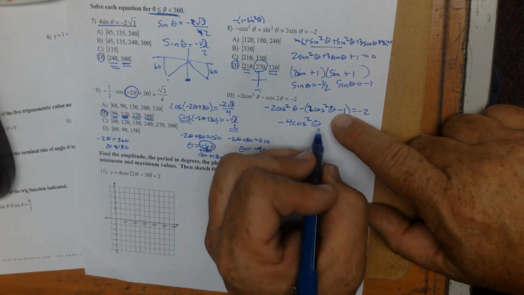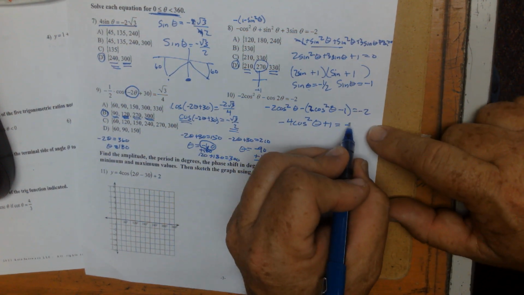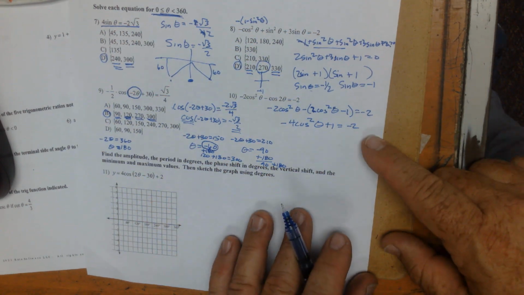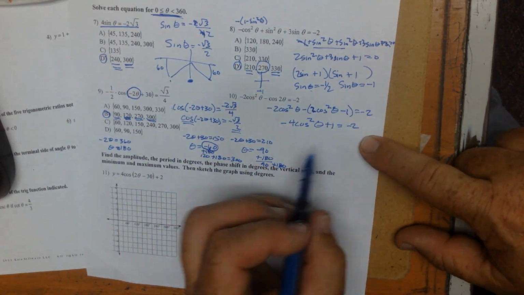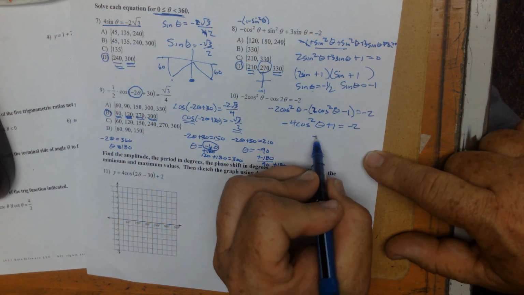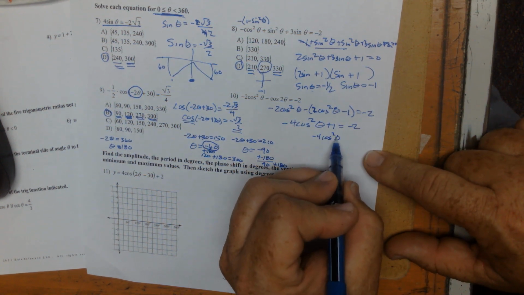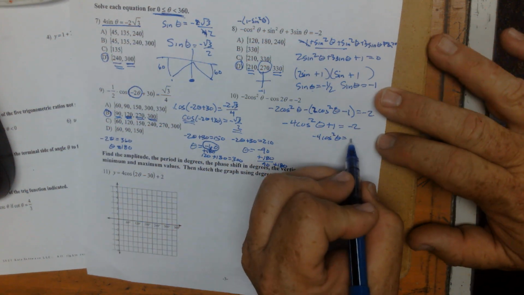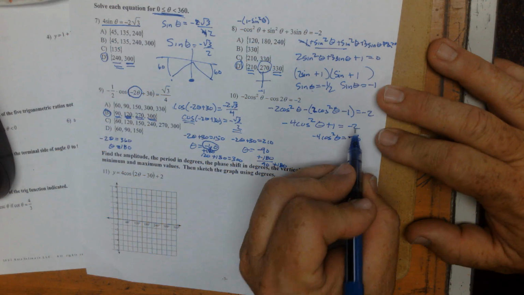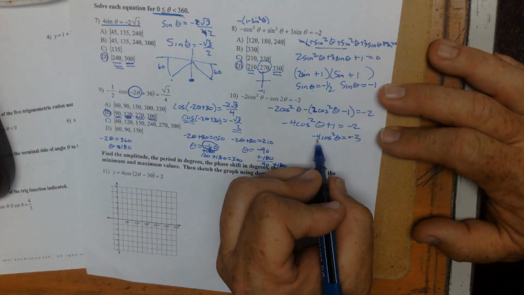Negative times the negative is a positive 1. And if I can't really move things around to one side and factor it, it doesn't do me any good. So I'm going to move the 1 over here, and I get negative 4 cosine squared theta equals negative 3. And then I'm going to divide by 4.